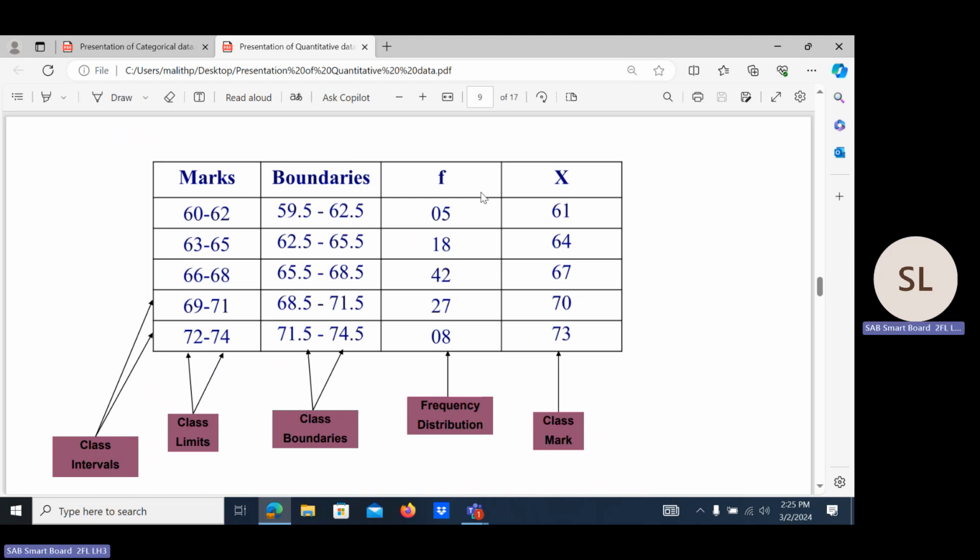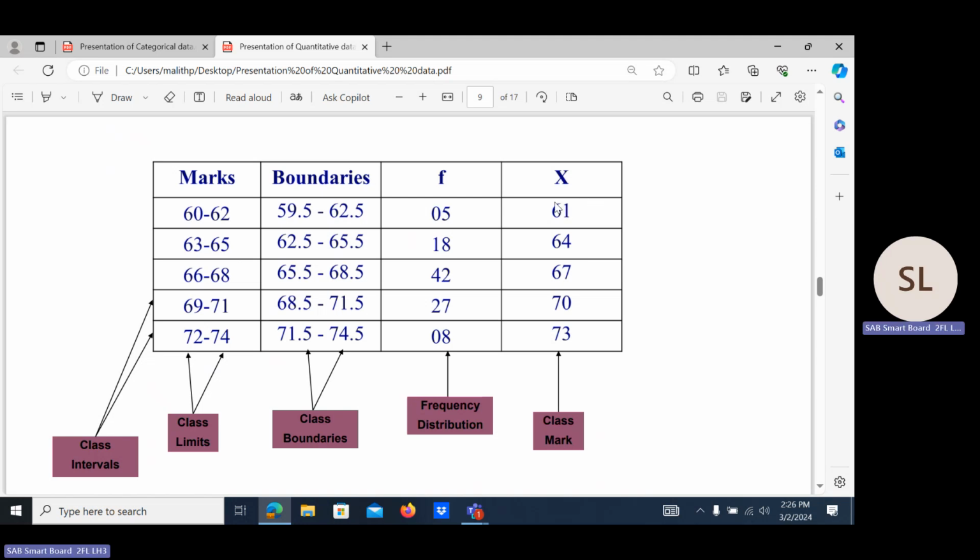When we do further mathematical analysis, all the observations belonging to the given class interval are assumed to coincide with the class mark. There is a range now, 60 to 62. We assume 61 is the class mark.